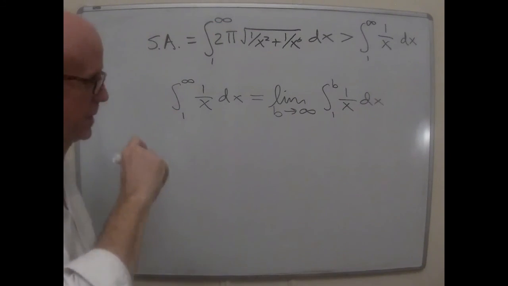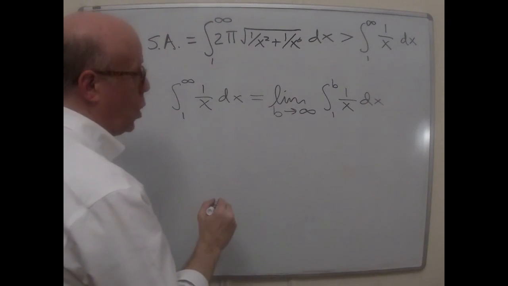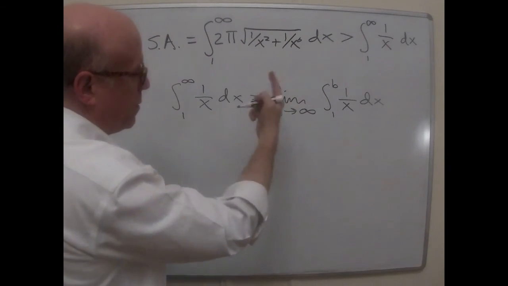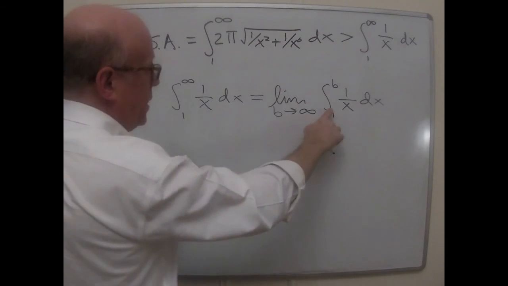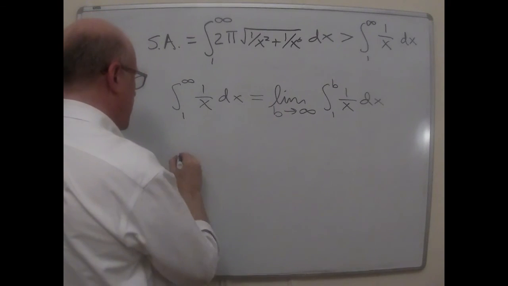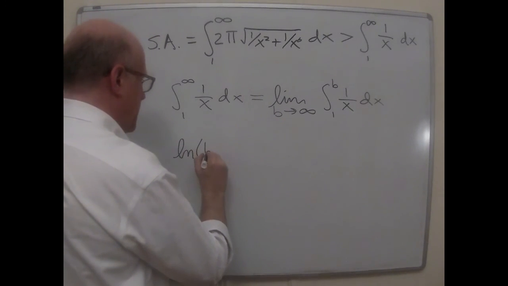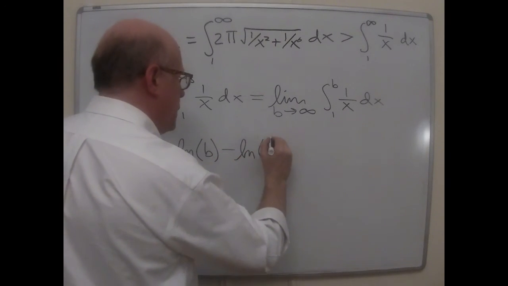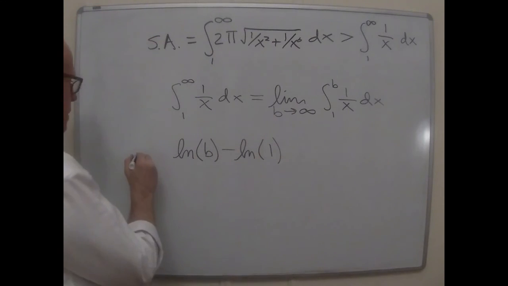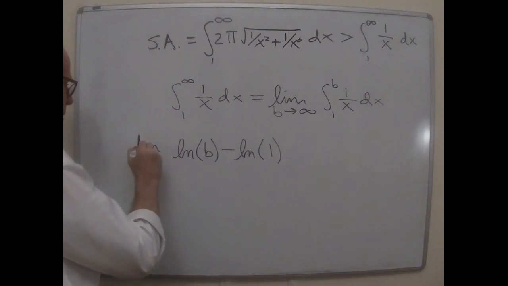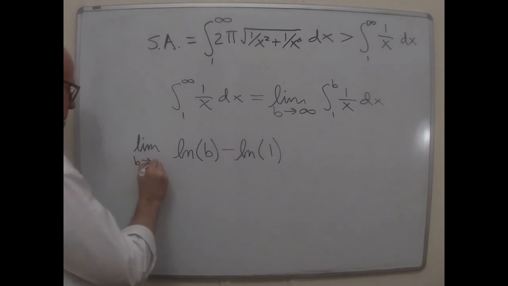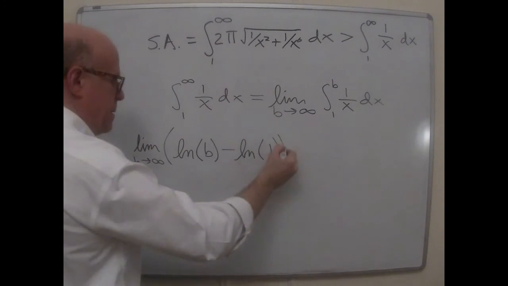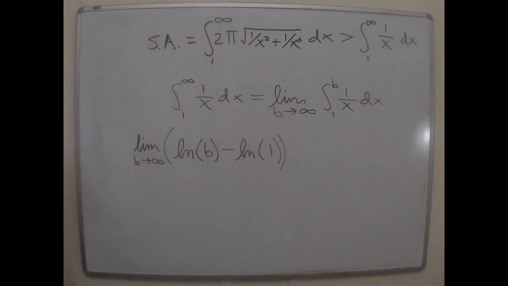And 1 over x has an antiderivative. Its antiderivative is the log of the absolute value. All of our values, both for the low end and the high end, are positive, so I can just write natural log of b minus natural log of 1. Whoops, I forgot to leave the word limit up front here. Right. So natural log of 1 is 0, and so this is just the natural log of b.